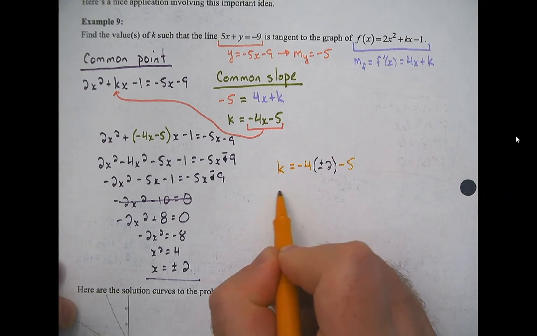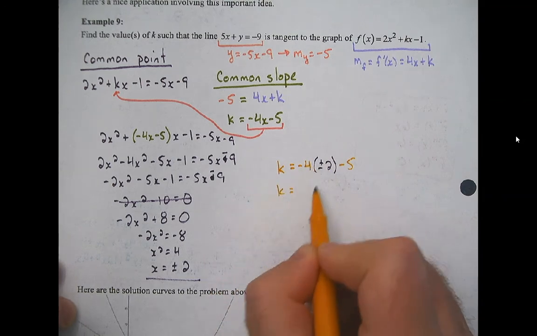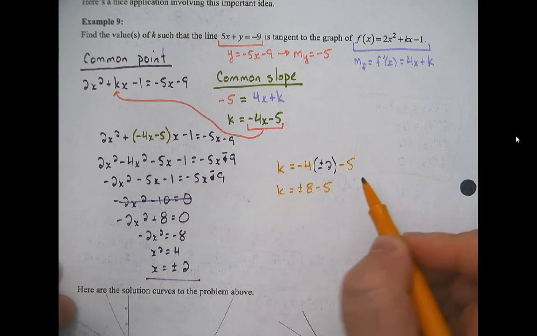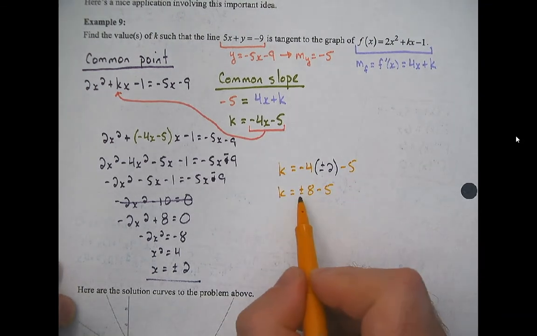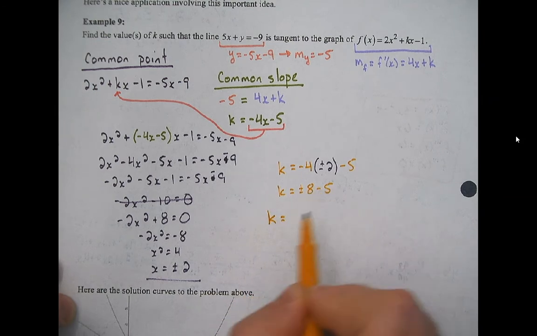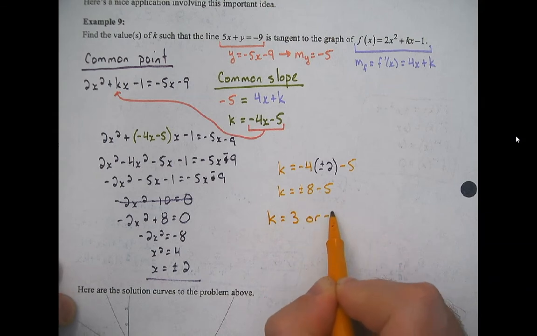So k is equal to plus or minus 8 minus 5. Let's write out our two k's: k is equal to 8 minus 5 is 3, or -8 minus 5 is -13.